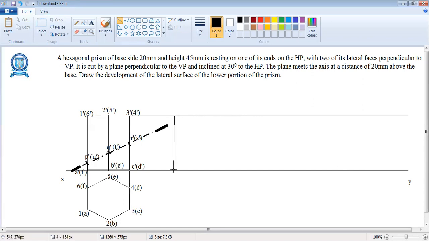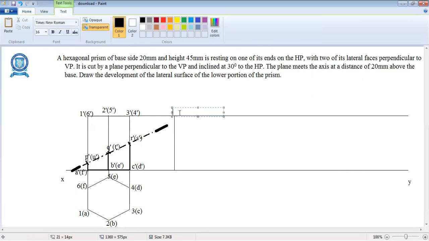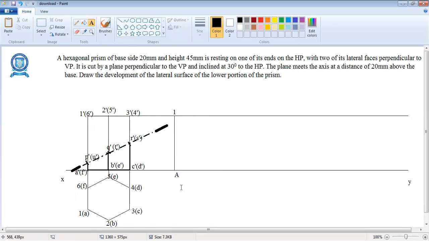Draw a line connecting these two lines. Mark it as 1 and capital A.